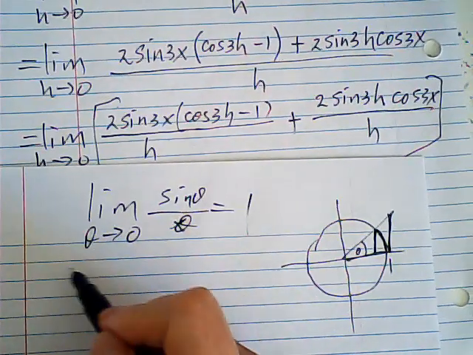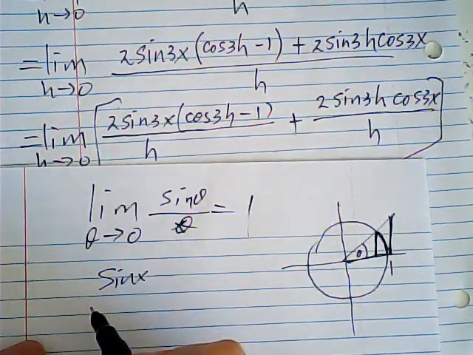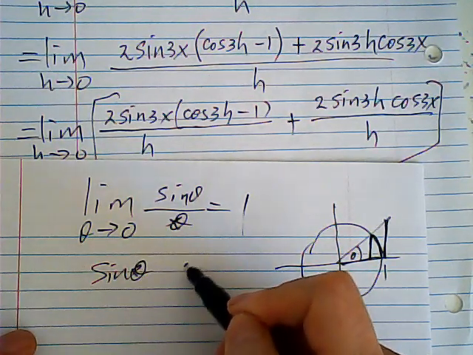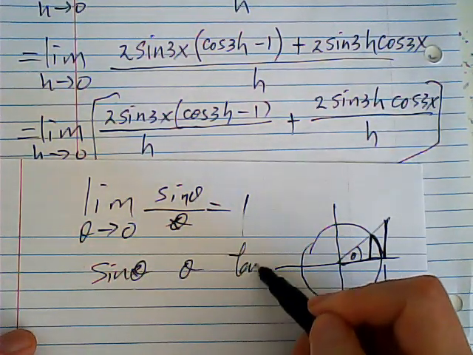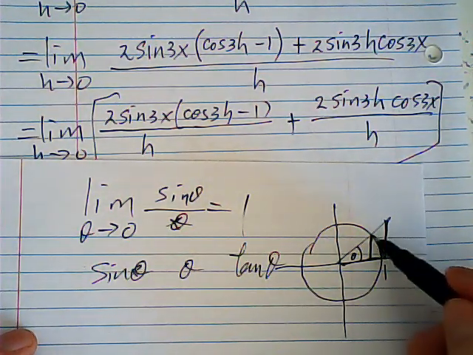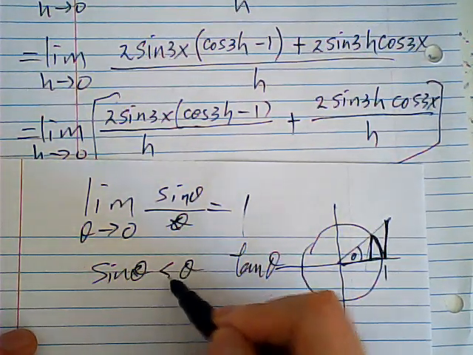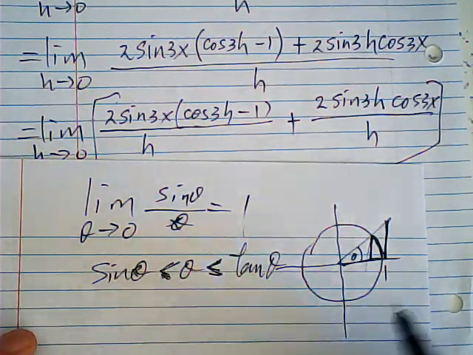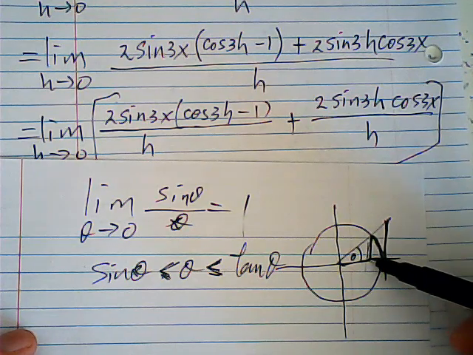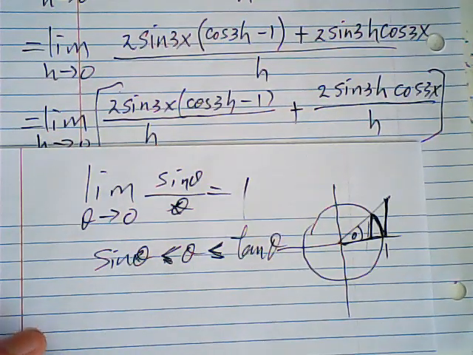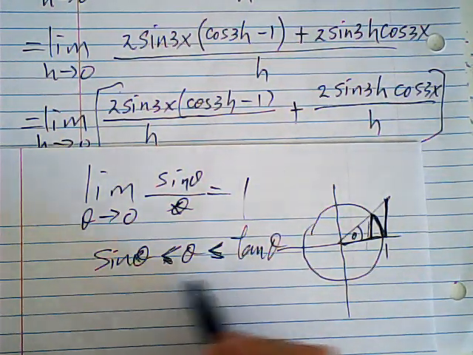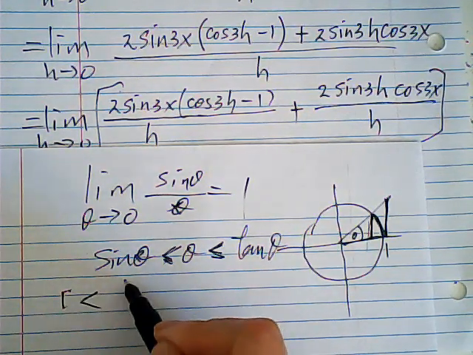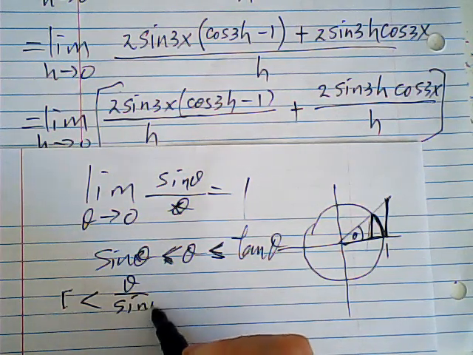Okay, so sine theta and theta and tangent theta, these are 3 parts like this, right? This is the longest, this is the shortest, this is the middle. And then we divide by sine theta, so this is equal to 1. This is theta over sine theta.